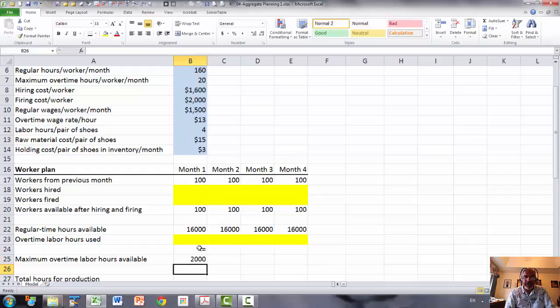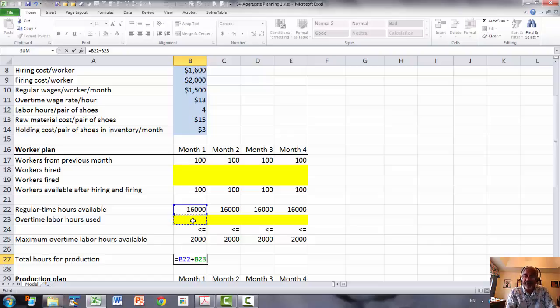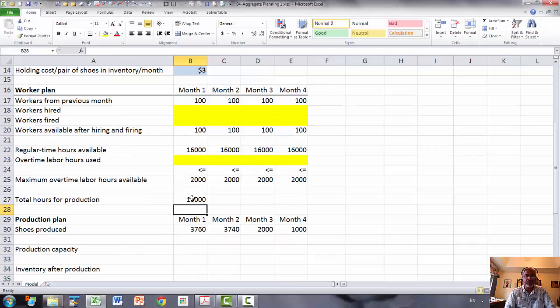That's a constraint that we have to enforce. Given these limitations, the total hours of production available will be regular hours available plus any overtime that we schedule. That will give us the total hours of productive labor available to us. If you copy that, that will give us the total hours of production available.